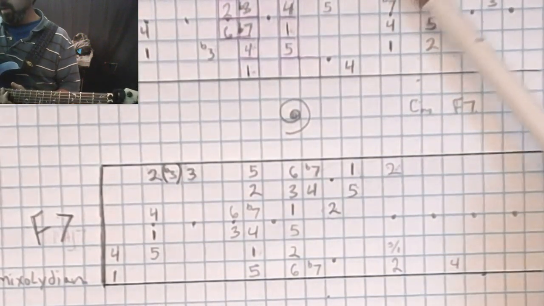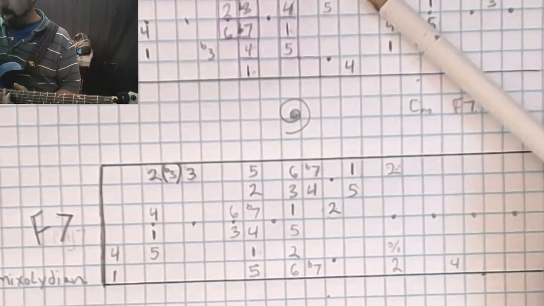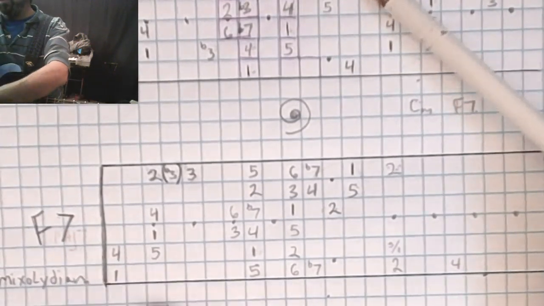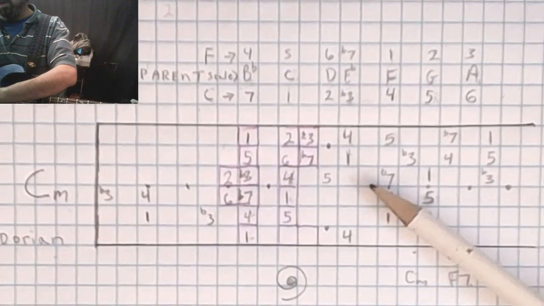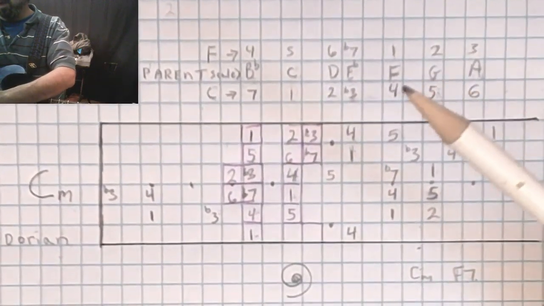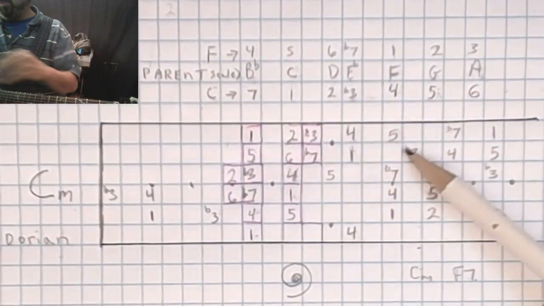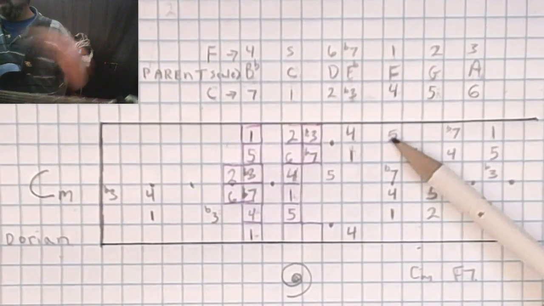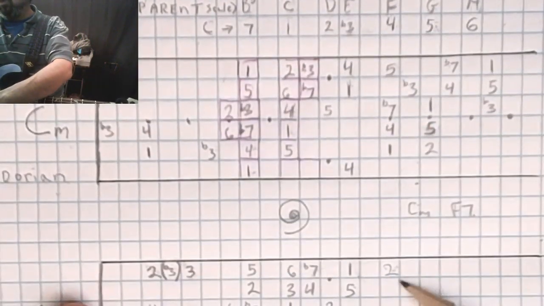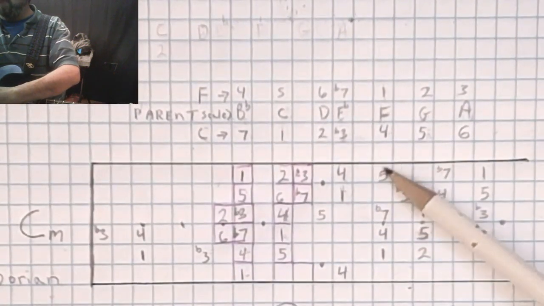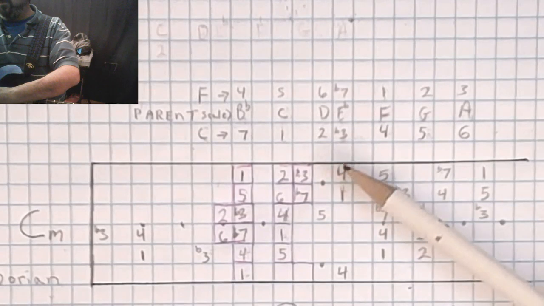So we went 5, 7, 4. Now this is where I said earlier, oops, sorry, I've got to get better at looking at my screen here. So there was the 5 that we slid up to. When we slid up to the 2, it became that 5, and then it goes 5, flat 7, 4.